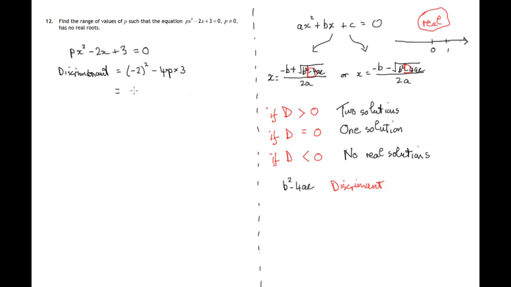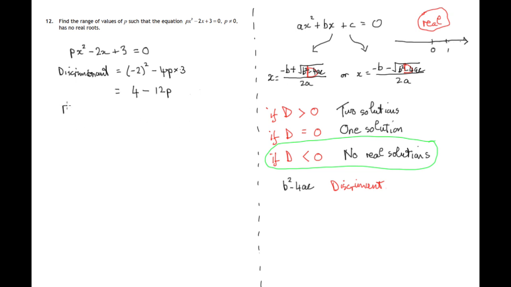b squared minus 4ac. Negative 2 squared, negative 2 times negative 2 is 4. 3 4s are 12 times p. 4 minus 12p. Now it says find the range of values of p so that that equation has no real roots. So we're in this situation down here where we want no real roots. And that's the case where the number under the square root sign, the discriminant, is less than 0.